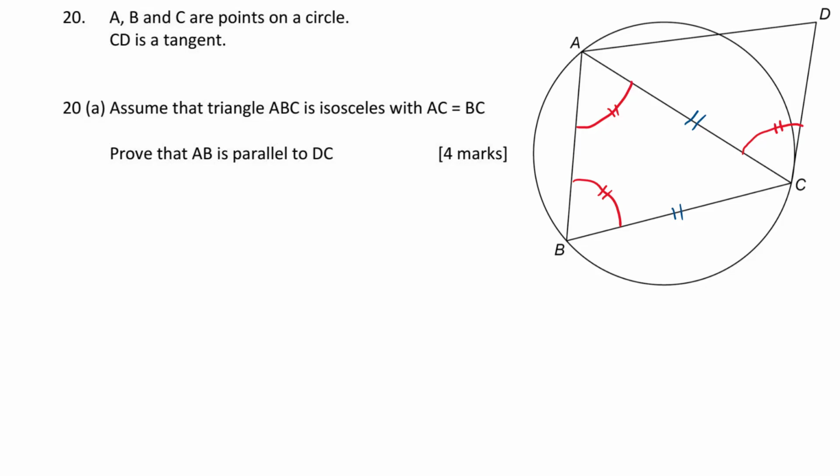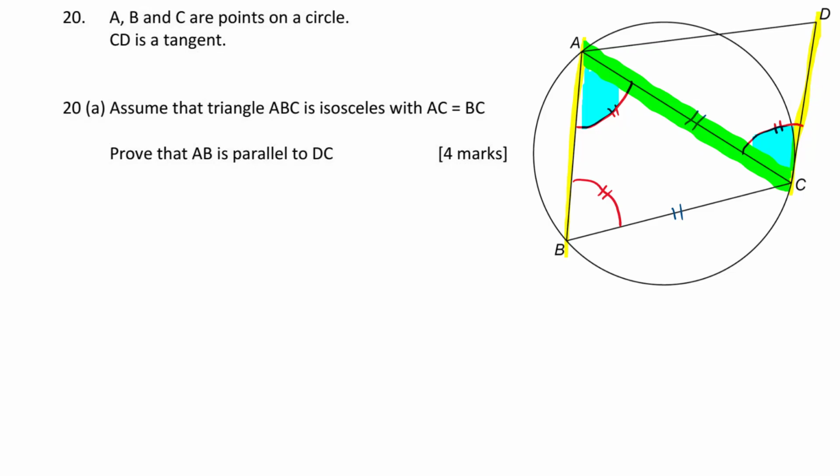Okay, now if AB and DC are parallel, then this line here, the line AC, has got to be a transversal, a line crossing 2 parallel lines, and this angle in here and this angle over here should be alternate and therefore equal.